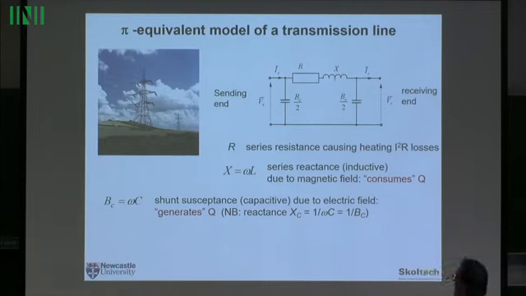At night, that current is very small, so the inductive effect is small, but voltage is more or less the same, so the capacitive effect is strong. And at night, the line may be a net source of reactive power. It produces reactive power, which lifts the voltages up. I'll show later on why it lifts voltages up. So that's why sometimes they switch off transmission lines: this capacitive effect is too strong and raises voltages too much.